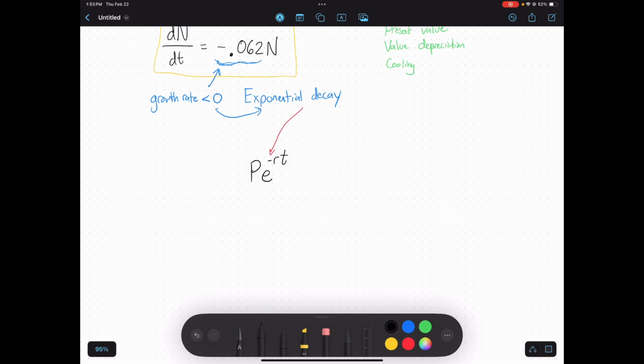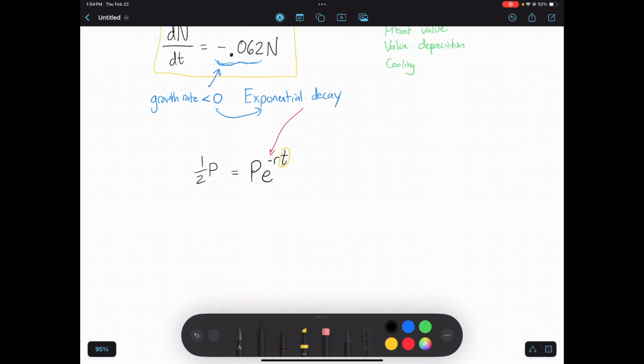But if I want to calculate half-life, what I'm really calculating is how long, so I'm going to be solving for t, how long will it take for my principal value to reach half of my principal value, right? Half of what I started with. How long is it going to take me to end up with half of what I started with?